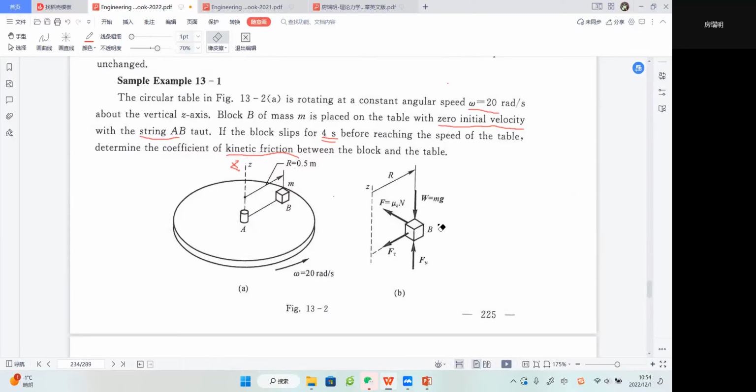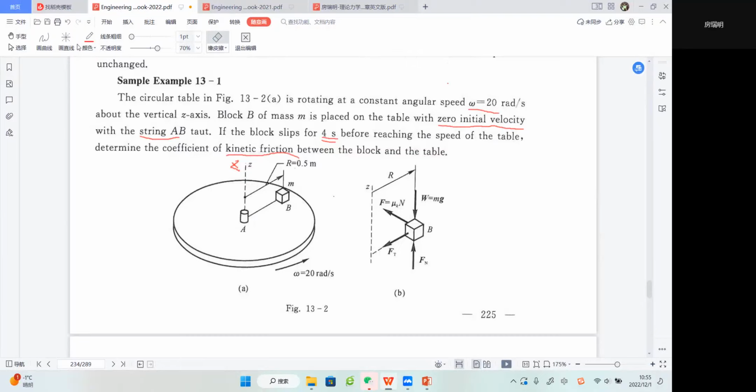Then along the AB direction, because we have the string, we have learned 5 common types of constraint. This string is a typical one. We have a conclusion that this kind of string always pulls the object, never pushes. So if you consider the action from this string to this block B, it will have a Ft.